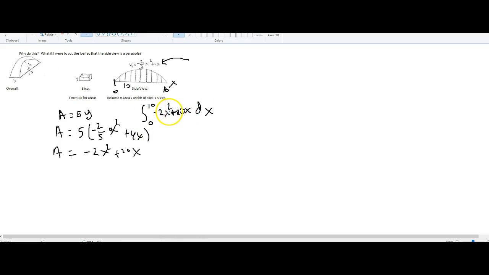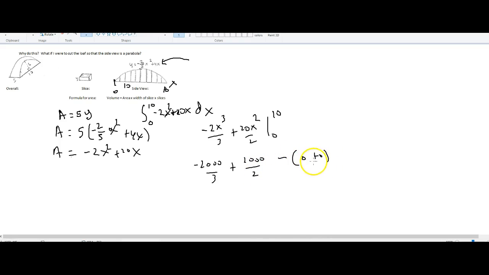I've got negative 2x squared plus 20x. So I'm going to raise the power by 1 and divide by the new power, from 0 to 10. Plug in 10, I get negative 2,000 over 3 plus 2,000 over 2, minus 0 plus 0.